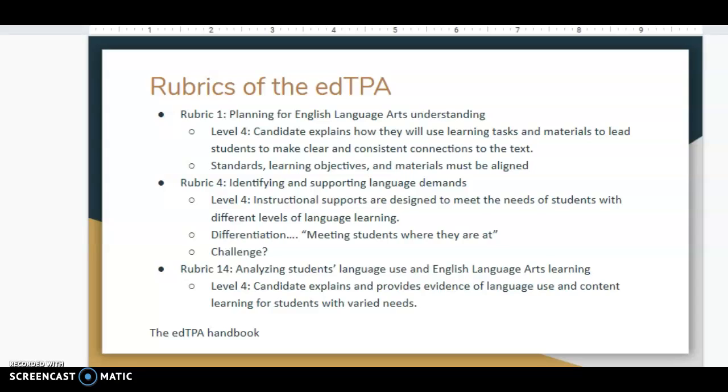And then we have rubric 4, which is identifying and supporting language demands. So some language demands could be to analyze, or, well, that's kind of like a language function as well. And so level 4 and up, instructional supports are designed to meet the needs of students with different levels of language learning.